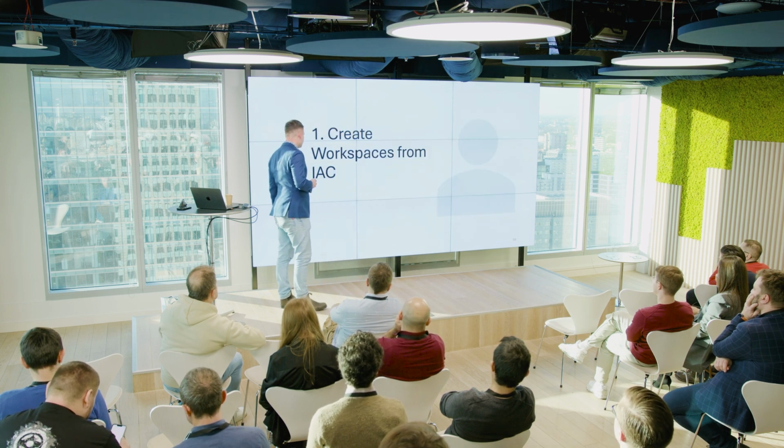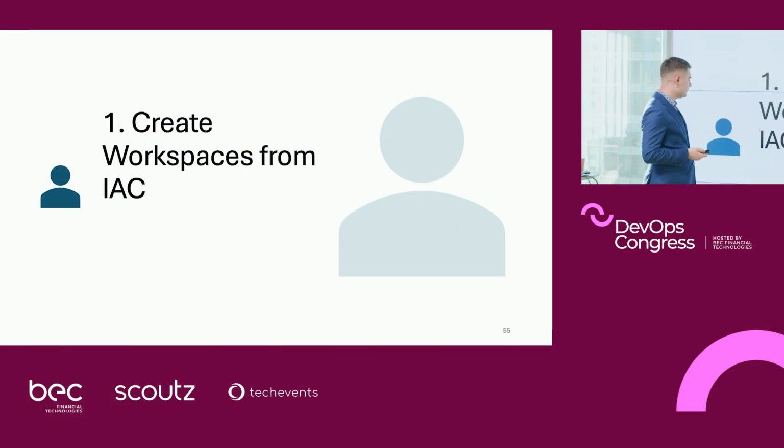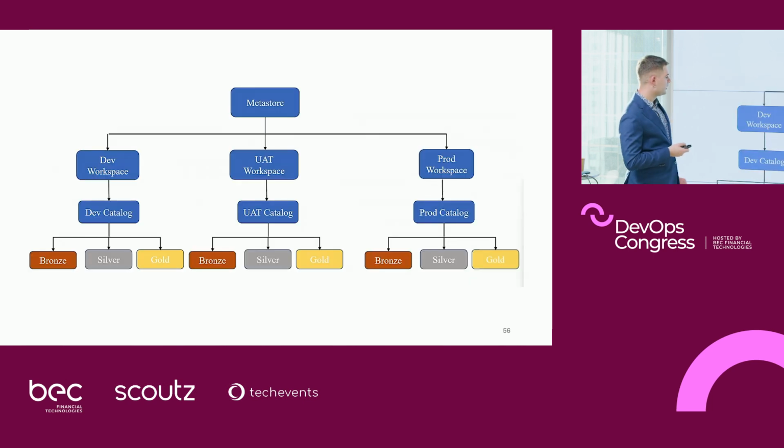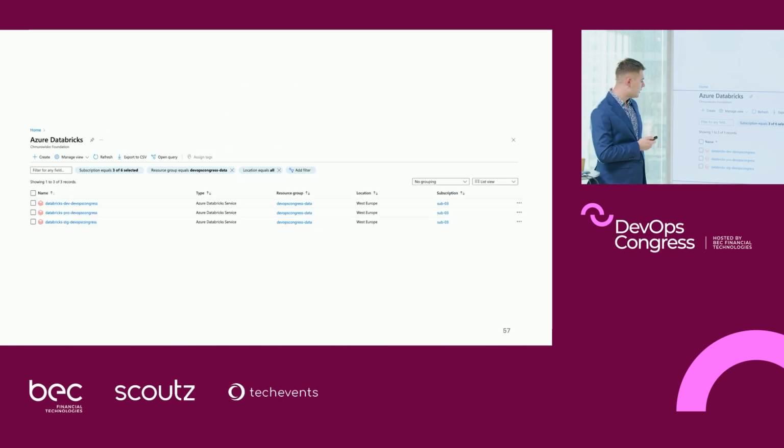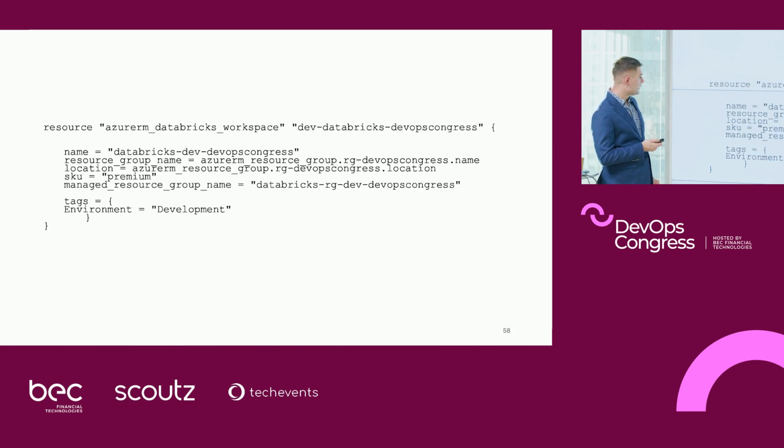So create the workspace from infrastructure as code. This is our workspace. Here are our workflows. So Databricks DevOps Congress. And this is the code for Terraform. Not so hard.